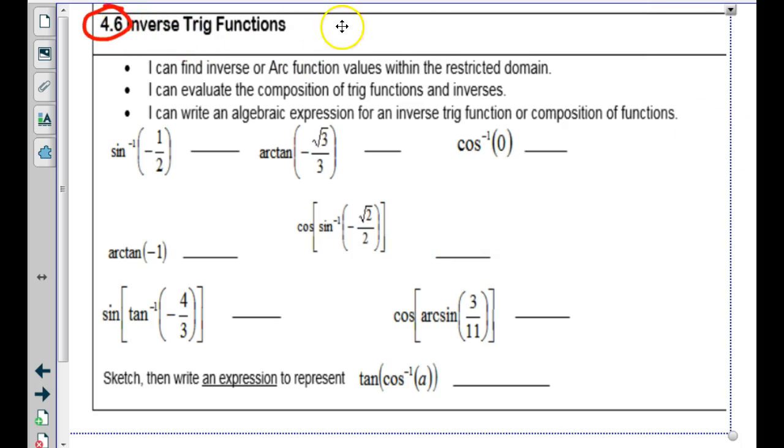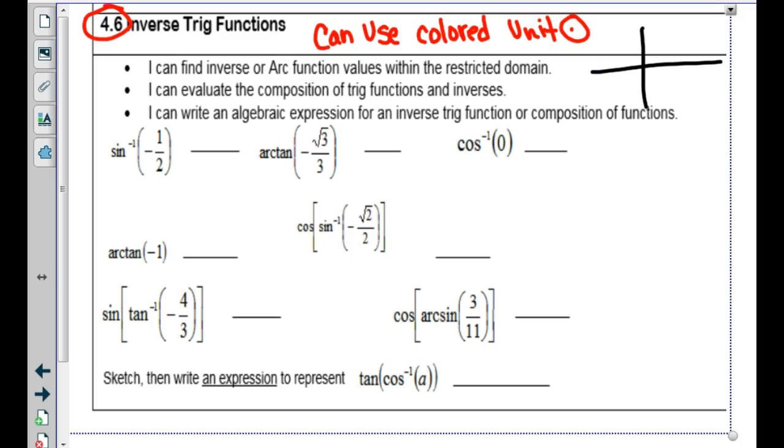So 4.6 is inverse trig functions. On this particular quiz, you can use your colored unit circle. Remember the idea that you eventually won't be able to use the colored unit circle, but these two quadrants are for cosine, and you don't have to do anything tricky.